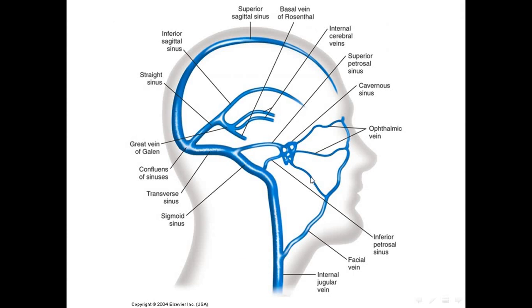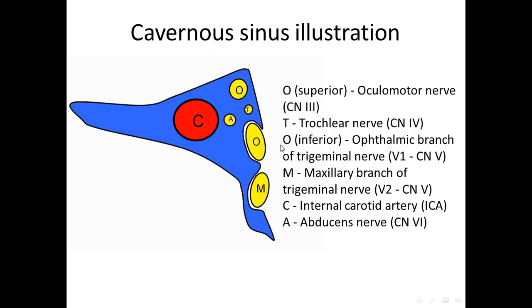So this is the area of the cavernous sinus. It receives blood from the ophthalmic veins, the inferior petrosal sinus, the superior petrosal sinus, and the intercavernous sinuses or intercavernous veins. So this is the cavernous sinus.